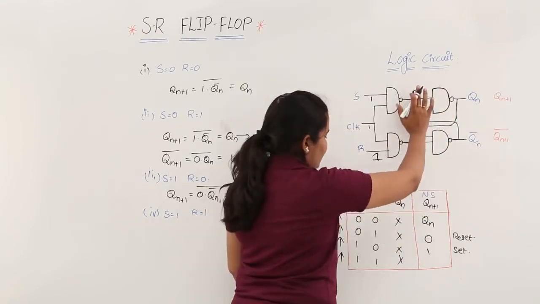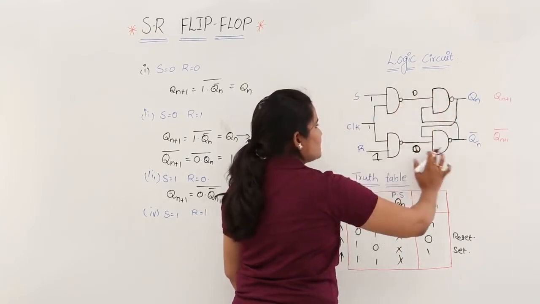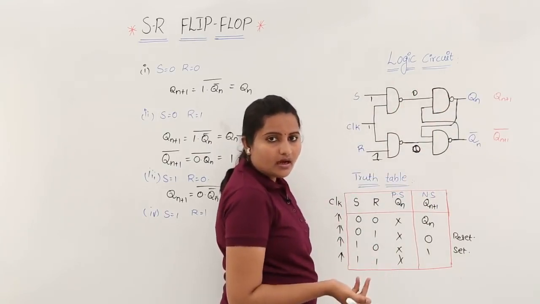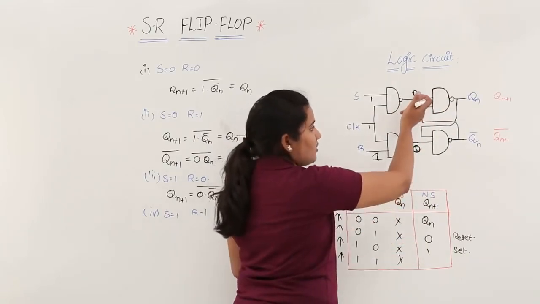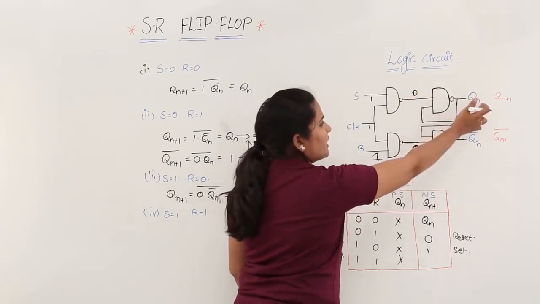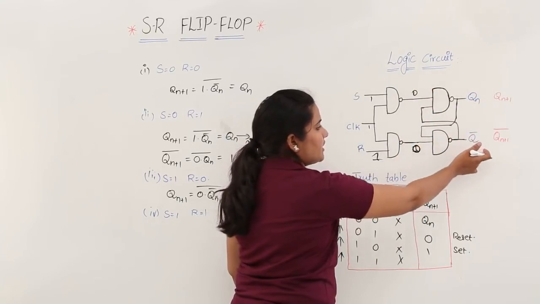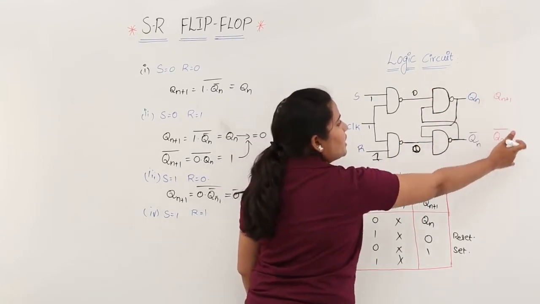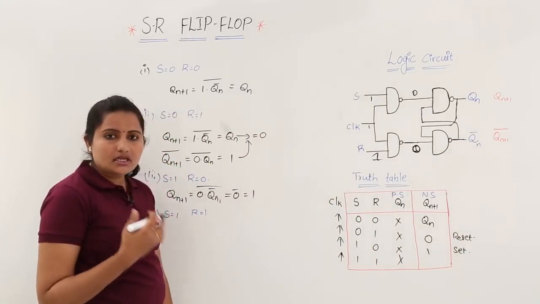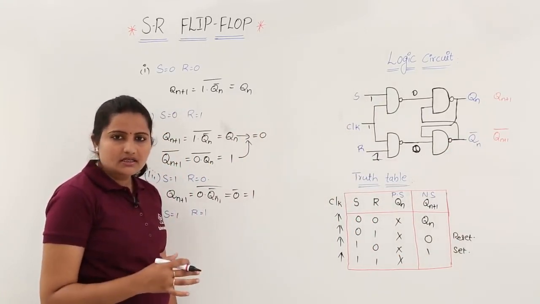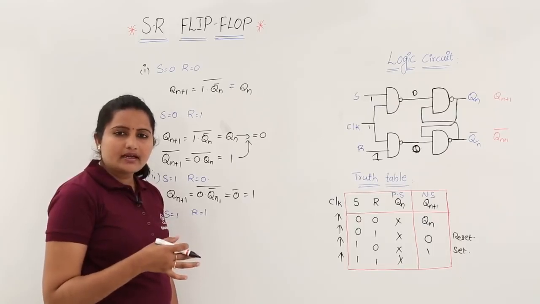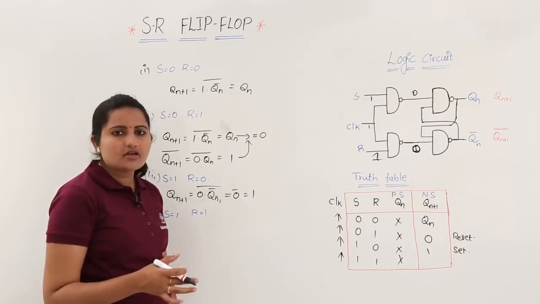So if you give 0 0 for this latch, then your condition is going to be undetermined, because we can't determine this state: 0 into anything bar gives 1, and here also 0 into anything bar gives 1. For Qn plus 1 and Qn plus 1 bar you get the same output. That means if a variable gets the same output as its complement, it is not determined.